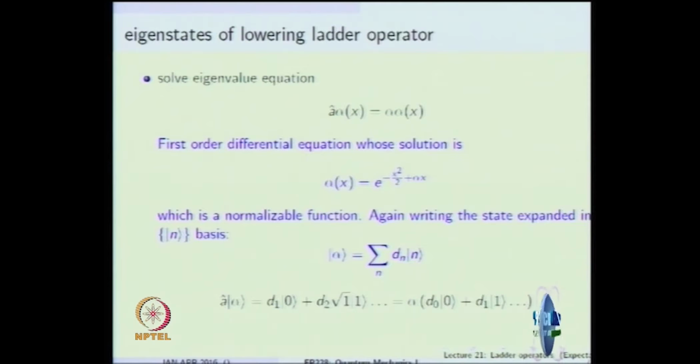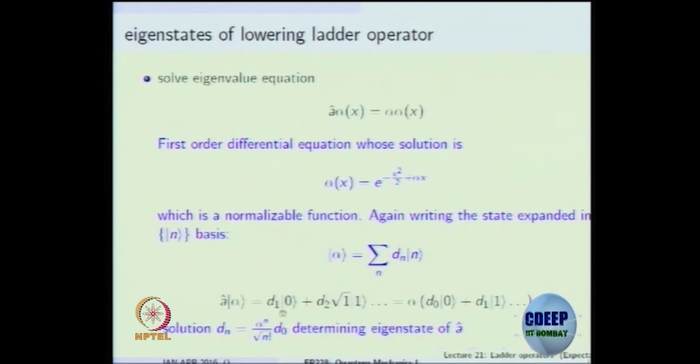Please do it yourself and then compare ket 0 with ket 0, ket 1 with ket 1 and relate the coefficients. Alpha times d0 will be d1. Alpha times d1 will be d2 times root 2. From there can we determine all the coefficients in terms of d0? Are you getting it?